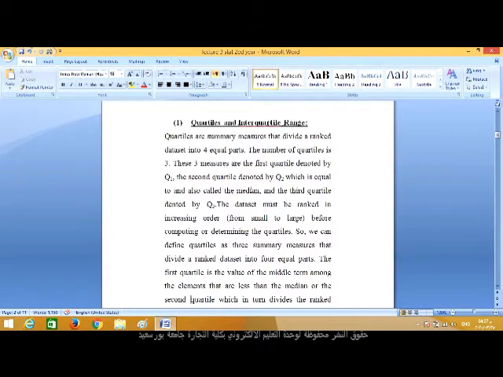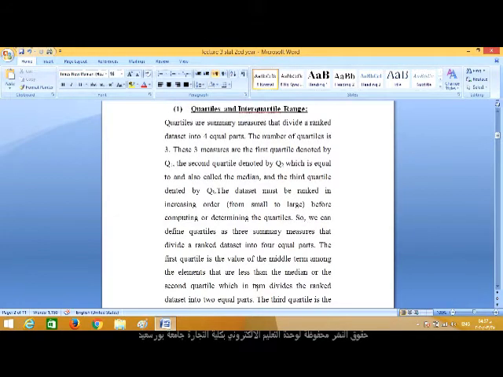So here the median is the second quartile, and the first quartile is the value in the middle among the elements that are less than the median, which in turn divides the ranked data set into two equal parts.